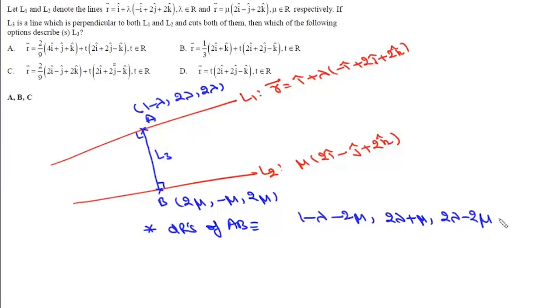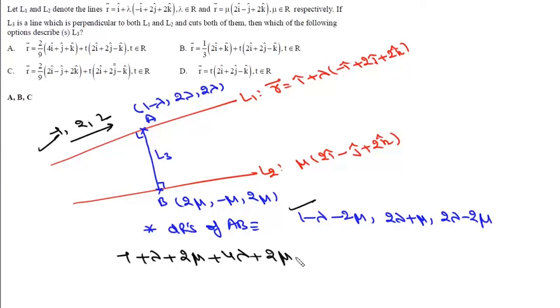Now this AB is perpendicular to this first line whose direction ratios are minus 1, 2 and 2. That means the dot product of these two direction ratios must be 0. So we can write minus 1 plus lambda plus 2 mu plus 4 lambda plus 2 mu plus 4 lambda minus 4 mu must be 0.